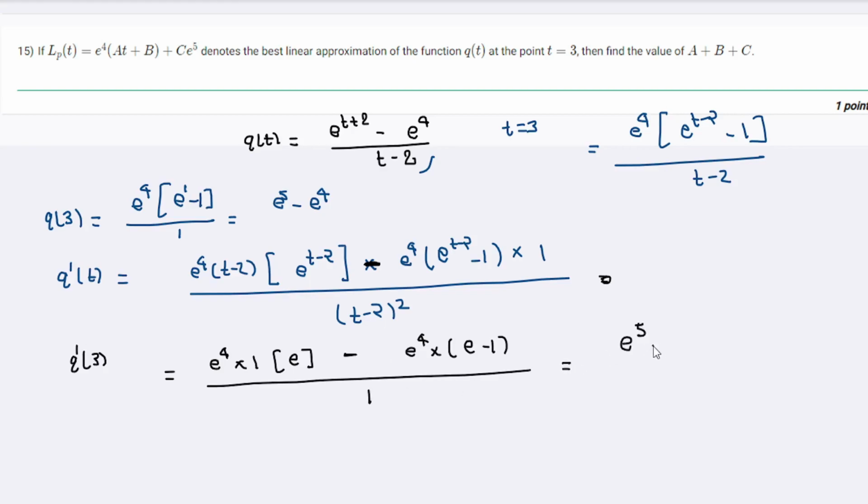So it is e to the 5 minus e to the 5 plus e to the 4, divided by 1, so it is equal to e to the 4. So now we can write the linear approximation. The linear approximation will be equal to e to the 5 minus e to the 4 plus e to the 4 into t minus 3.